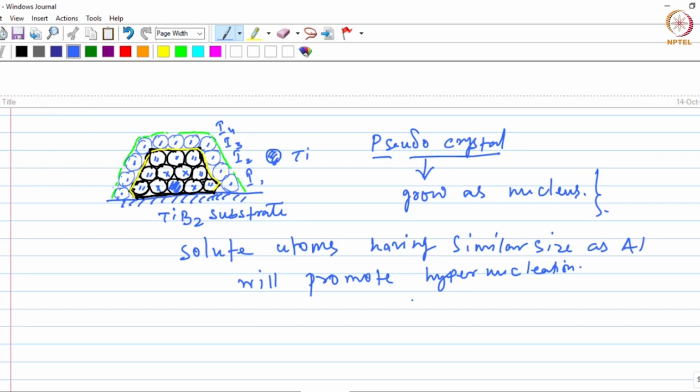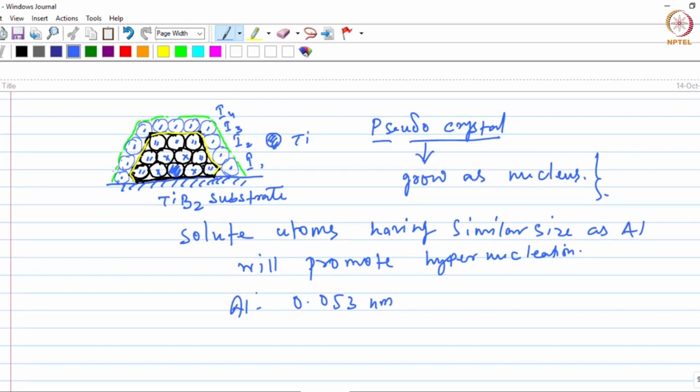Okay, so if you look at the size of titanium, it's very close to aluminium, which is 0.053 nanometer. On the other hand, elements which are very different in size will prevent the hypernucleation process. So elements like zirconium, chromium have very different size, and therefore they will prevent hypernucleation.